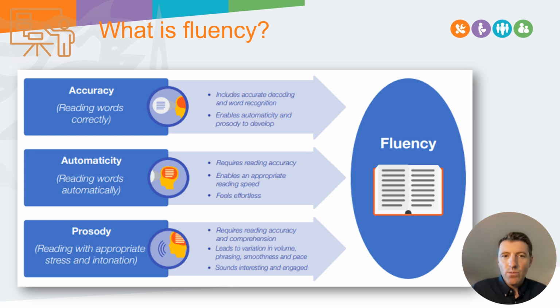So accuracy, when you're talking about reading words correctly, there needs to be decoding going on. Automaticity is as we start to build up our sight word vocabulary bank. And then prosody is when we bring those two things together and we can start to do those things automatically, we can add in that element of intonation and appropriate stress.